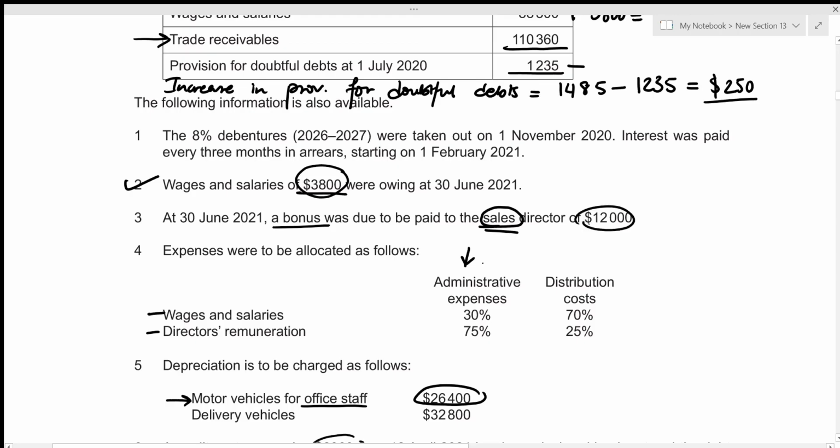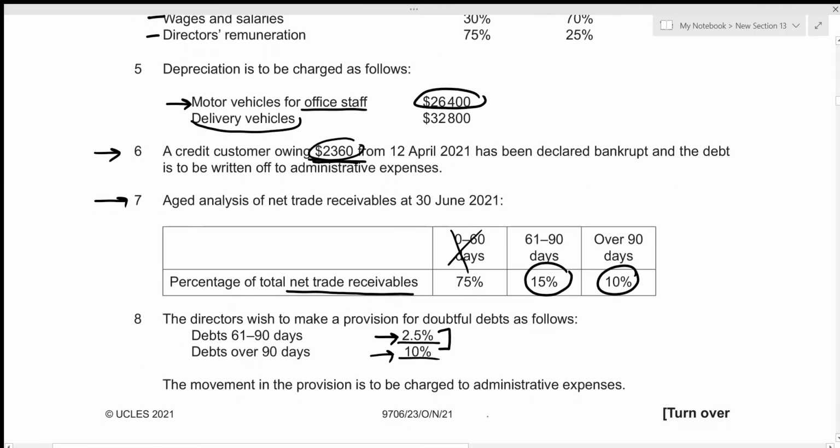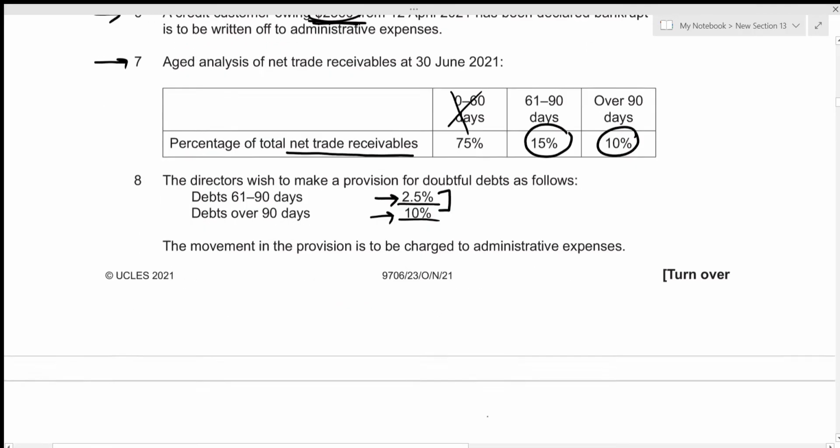So we need to adjust this bonus as well. Then the allocation of expenses is going to be 70% of wages and salaries and 25% of director's remuneration. Then for depreciation, since delivery vehicles is related to sales, this particular depreciation should also be charged towards our distribution costs. And yeah, I think that's it. So let's write it down.